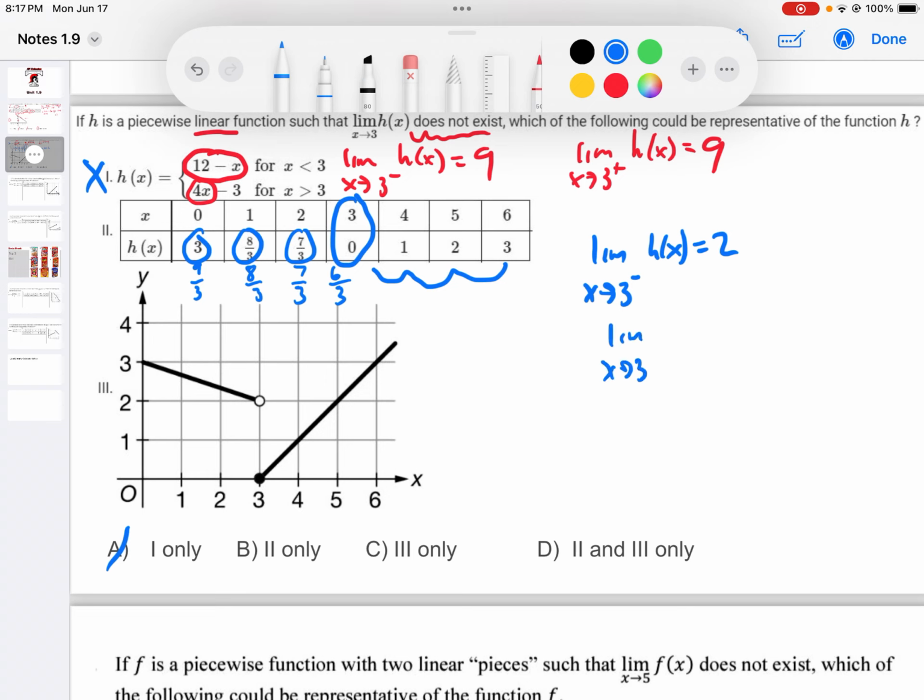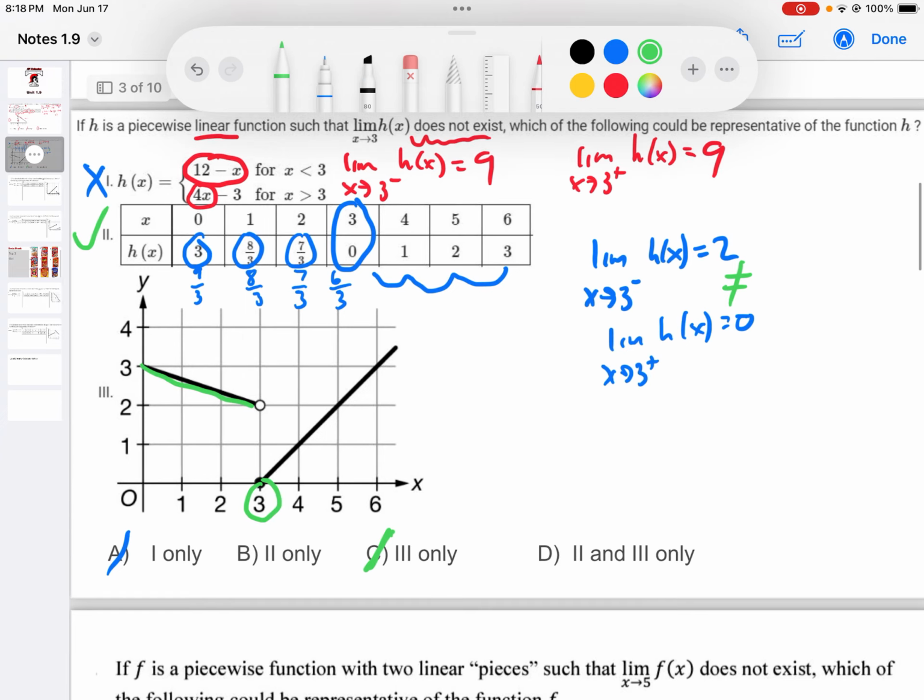So the limit as x approaches 3 from the right side of h of x is 0. So since these numbers are not equal, the limit does not exist. So that means we can cross out answer choice C. And then the limit from the left looks like it's 2. The limit from the right is 0. They do not match, so the limit does not exist. So the answer would be D.